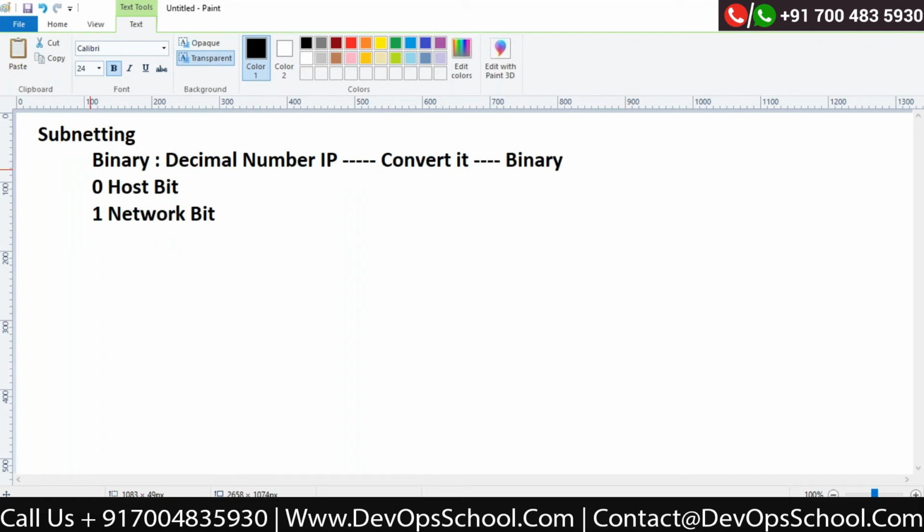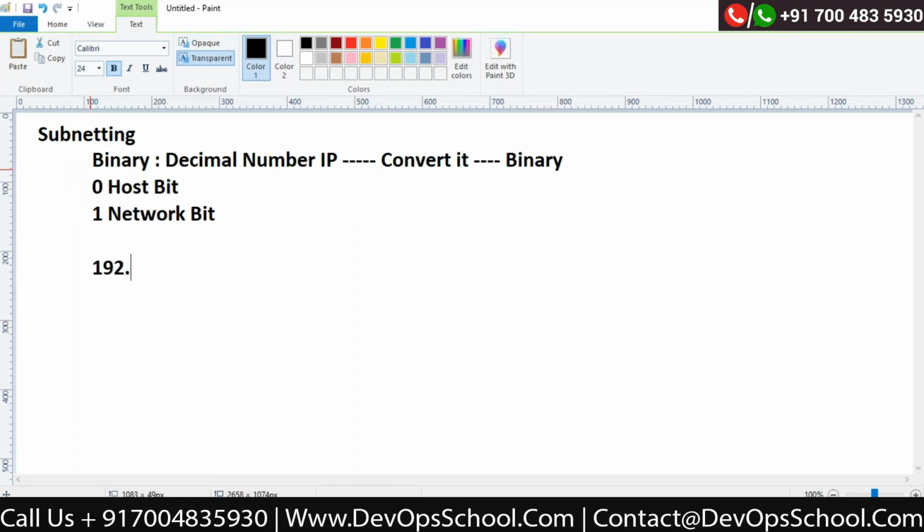Remember that this is also very important. I can type the binary number, no doubt about it, correct? Binary is something which my computer can understand. With respect to subnetting, 0 would be assigned for the host bit and 1 in binary would be assigned for the network, correct?